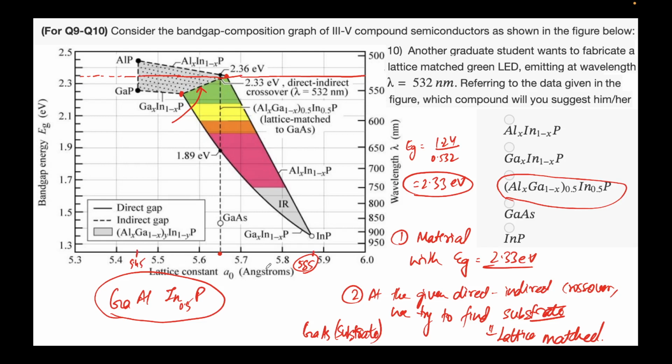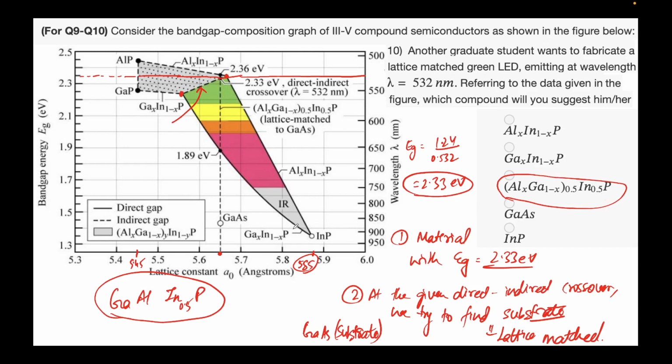So here it's 5.45, here it's 5.85, and you are right in the middle of it at 5.65. Hence the indium concentration has to be 50%. Second, you will ask, what will be the concentration of aluminium and gallium? That you can vary. You see this very small region there, it can be varied a bit, but not by much, because the total 50% has to be given to indium.